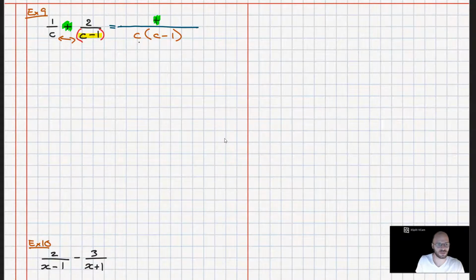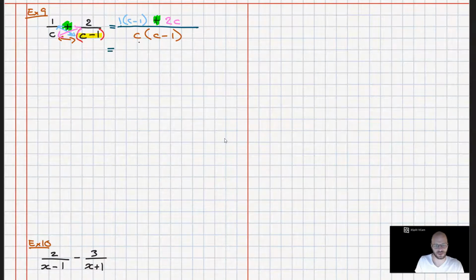And then first term in the numerator, we're going to multiply across. So it's going to be 1 multiplied by c minus 1. Second term, cross multiply again, we're going to go 2 multiplied by c, like so.